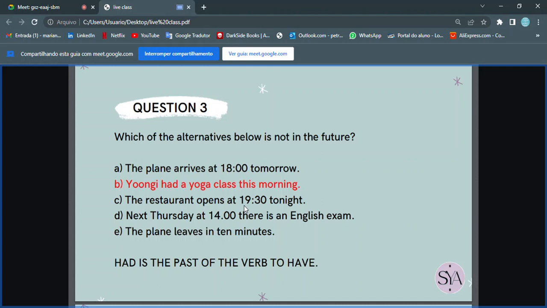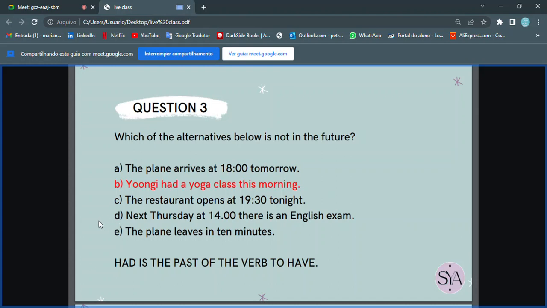And the letter C, the restaurant opens at 19:30 tonight. The same thing as the first sentence. We know that the verb is in the present, but because we have the word tonight, we know that this situation is going to happen in the future. So that's a sentence also in the future.